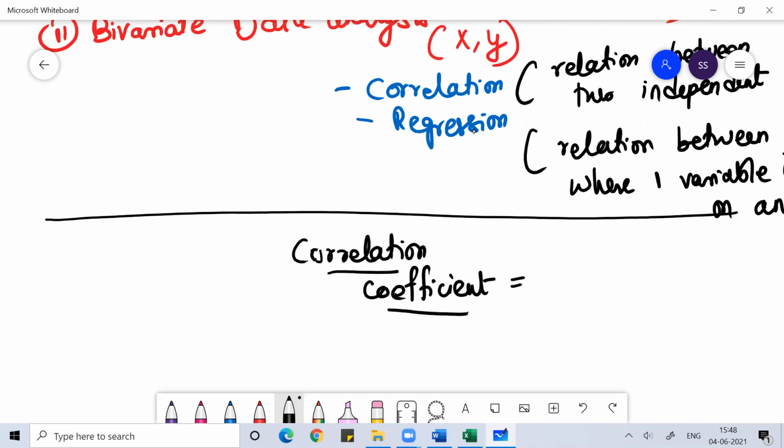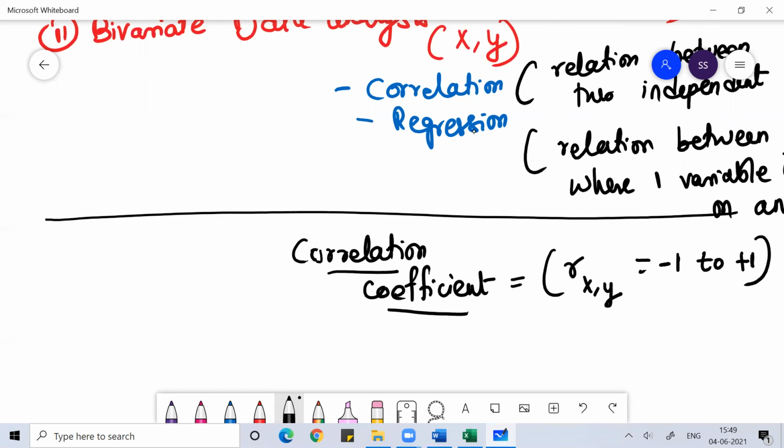Normally we represent the correlation coefficient with the symbol R, where the value of R is between -1 and +1.